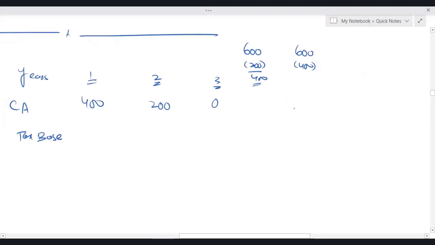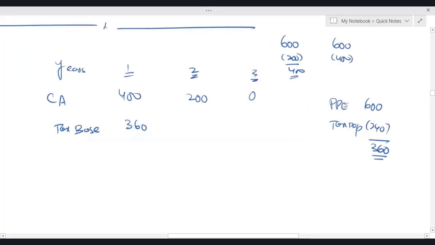So in the first year, property, plant, and equipment has a cost of 600, and in the first year tax depreciation is 240. So the tax written down value is 360, and this 360 is your tax base. Asset carrying amount is more than the tax base, so there's a difference of 40. Logically, this 40 is a taxable temporary difference.